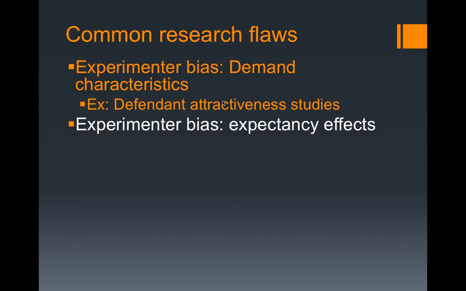Experimenter bias, expectancy effects. Okay, well, expectancy effects has to do with the idea that in unconscious, very subtle ways, okay, people who have expectations, be they experimenters, be they teachers, in any kind of situation, okay, our expectations about how someone will behave or what kind of person someone is or something like that can influence our behavior and create a self-fulfilling prophecy.